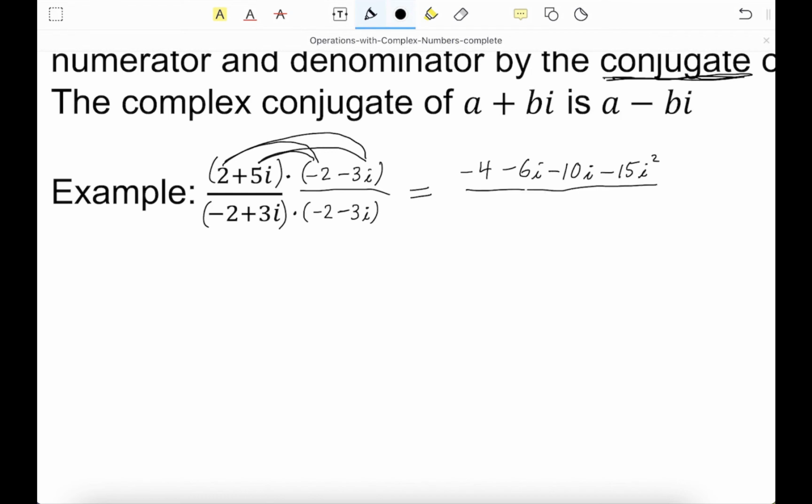For the denominator, we have negative 2 times negative 2 gives me 4. The cross terms will cancel, and we then get minus 3i times negative 3i. So that is minus 9i squared.